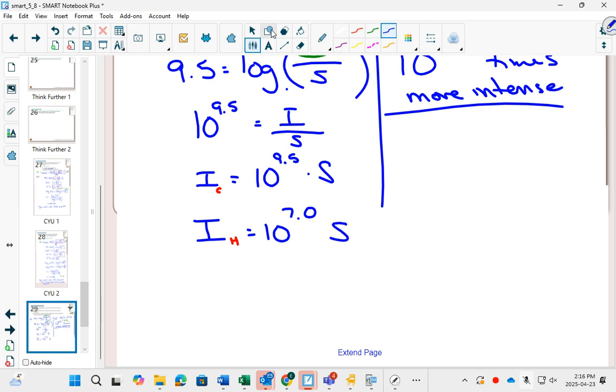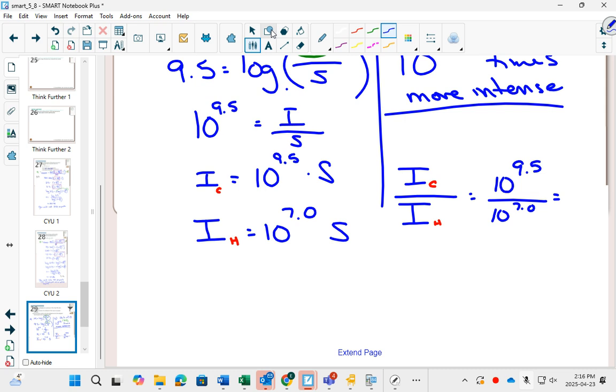You would do like just the 9.5 would change. And if you want to compare 2 intensities to find out how many times one is bigger than the other, you would have to take the bigger one, intensity of Chile, divided by the intensity of Haiti. Well, that would be 10 to the 9.5 divided by 10 to the 7.0.